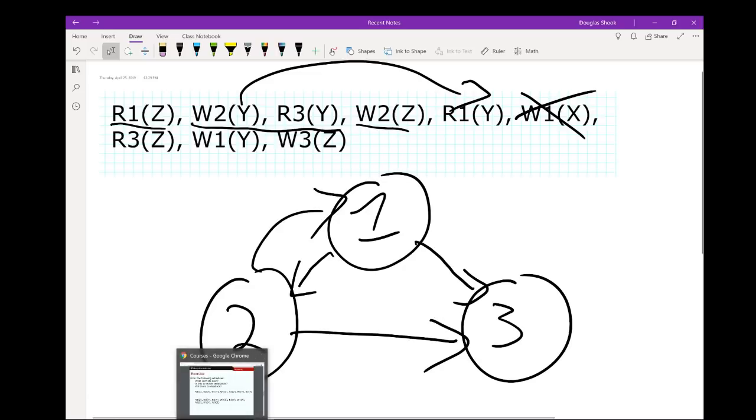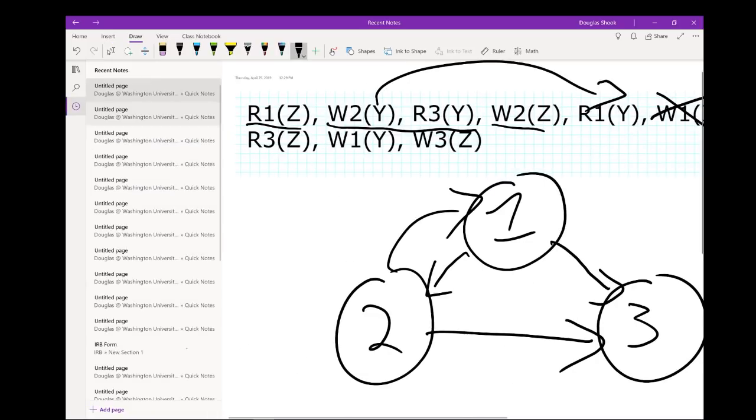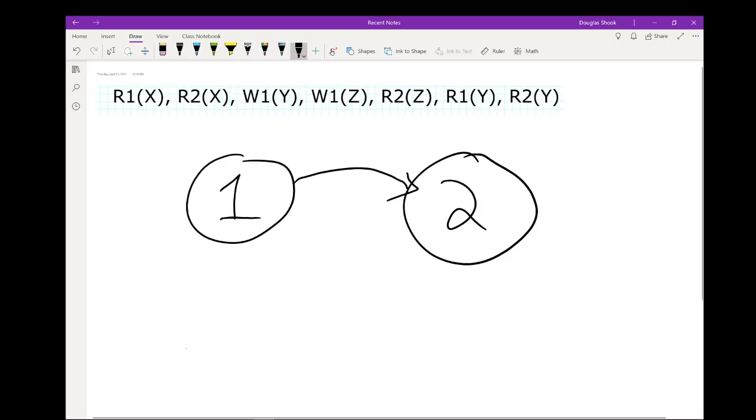So for that first one, if I can go back to that one for just a second. For this first one, we declared that this one is conflict serializable, meaning that it is equivalent to a serial schedule. In order to prove that, what would I have to do? In order to actually strongly prove that that was in fact conflict serializable, what would I have to do? Yeah. Rearrange it so that all of the operations for transaction 1, or one of the transactions, finished before the other one finished. So you're close.